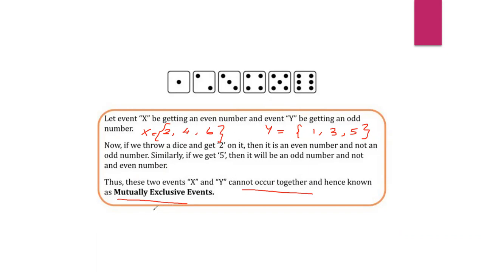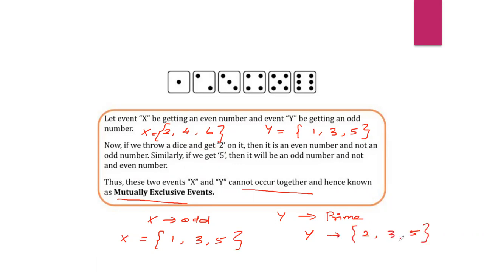At the same time, if I am doing, for example, X is odd number and Y is prime number. So now let us try with this. X, odd number, means it could be 1, 3 and 5. If you find prime numbers, 2, 3 and 5. Now, can you please tell me whether it is mutually exclusive?